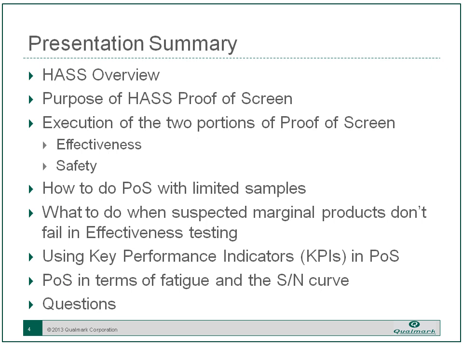We'll talk about the two-portion proof of screen, the fact that we have an effectiveness portion and a safety portion, how to do it with limited samples if you have expensive samples or just a few to work with, and what to do when you've got products that you would expect to fail in the effectiveness screen but don't, that they're actually valuable. And we'll talk about key performance indicators as well.